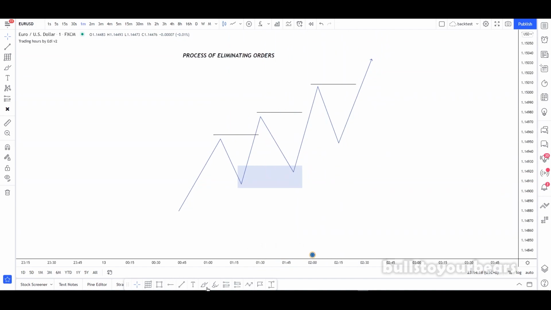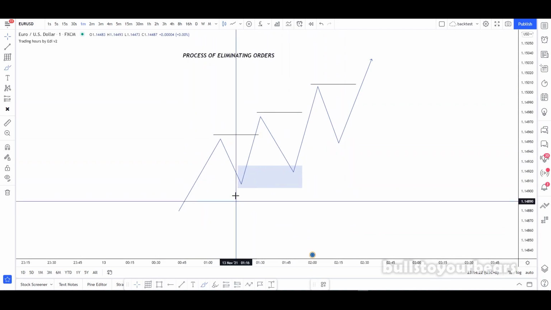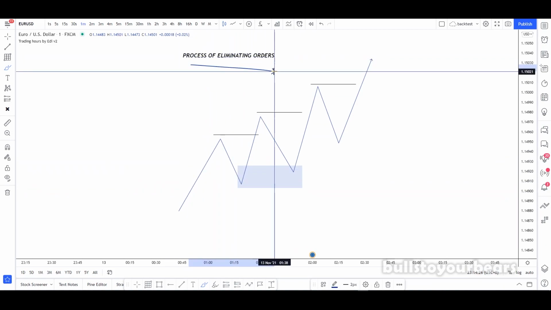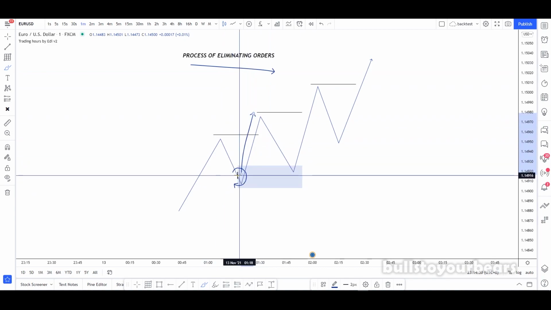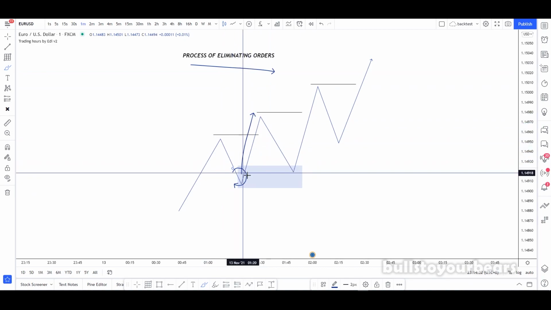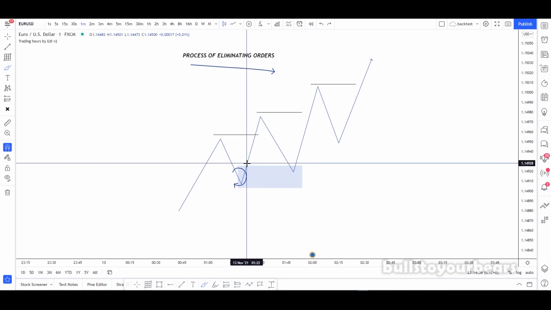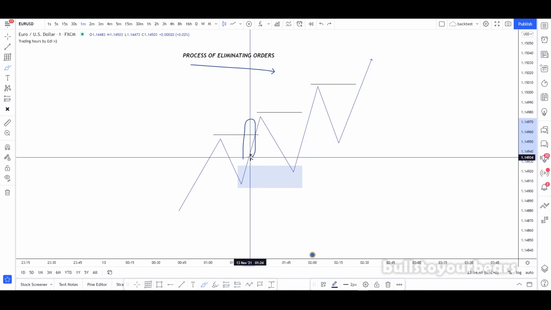So if we were to put it in our basic supply and demand or order blocks concept, smart money concept, mitigation is where you see price come back to the area, the candle or point of interest, that engulfing candle that caused the break in market structure.